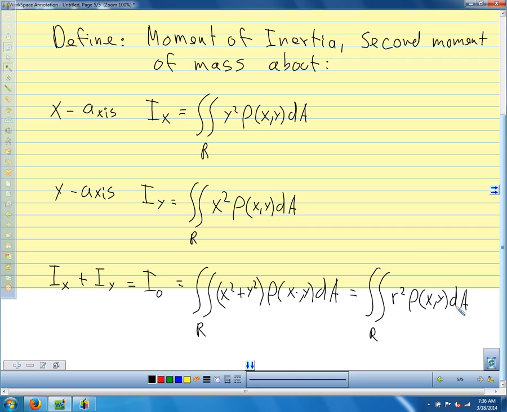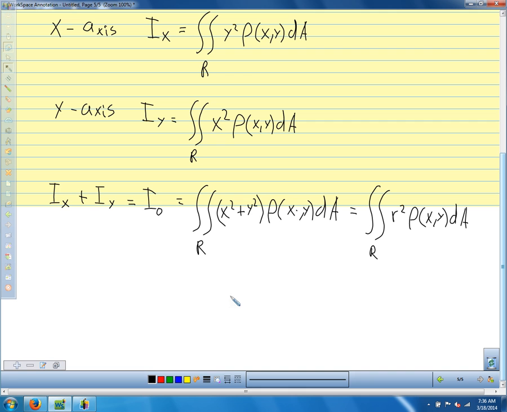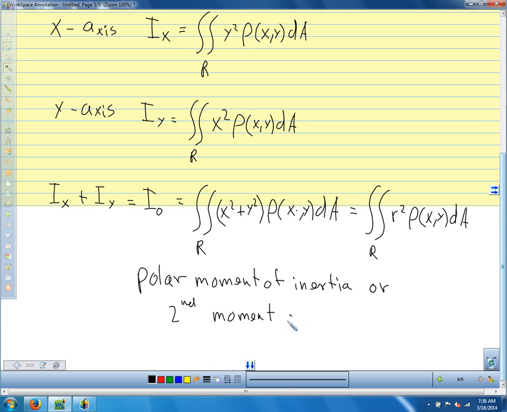And we call this the polar moment of inertia, or the second moment about the z-axis. So we can talk about the region rotating about the z-axis here as well.